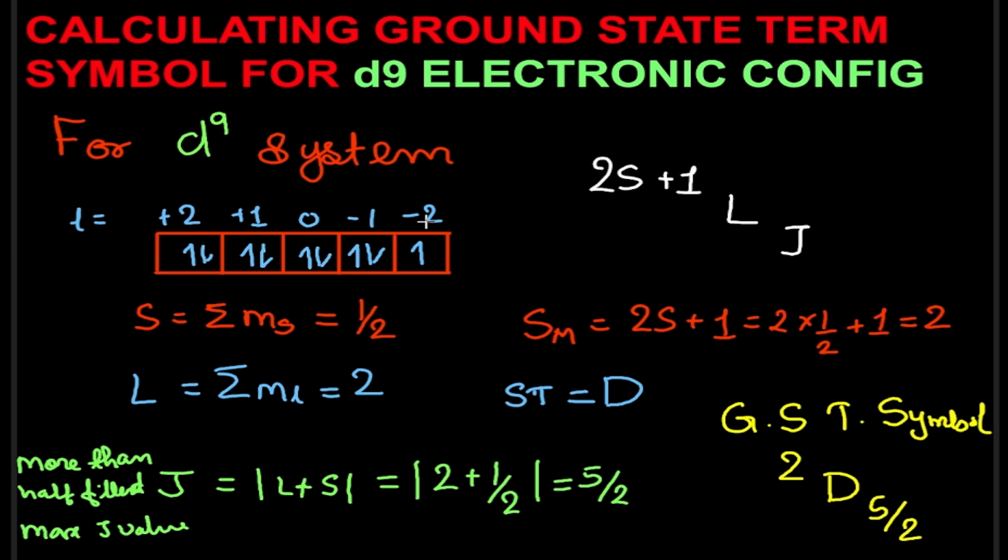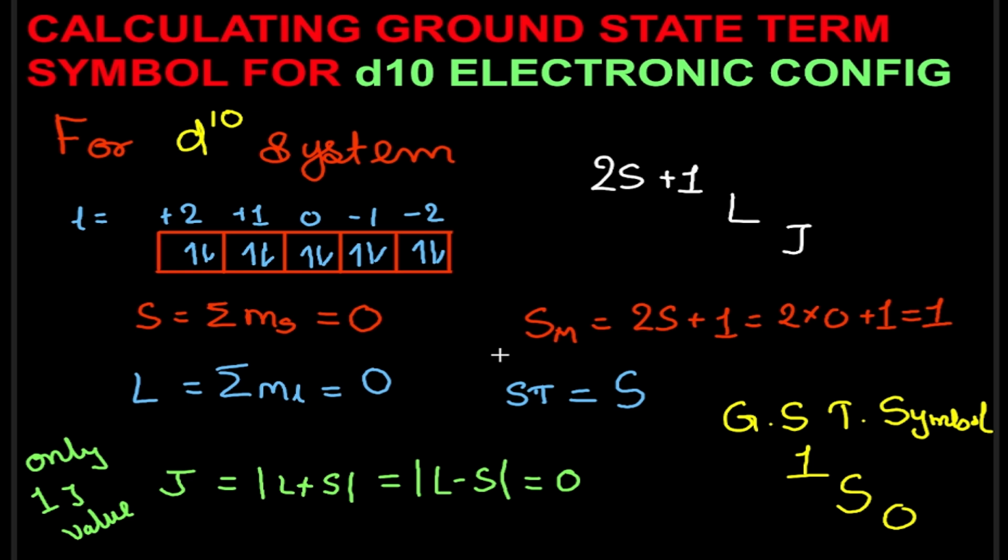We have 4 over here, 4 minus 2 is 2, so capital L is 2, and the spectroscopic term associated with L equal to 2 is D. The value of J will be 2 plus half, which comes out to be 5 by 2, and hence the ground state term symbol is doublet D 5 by 2.